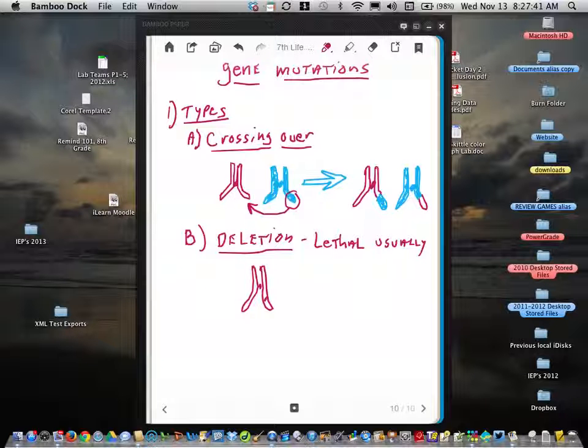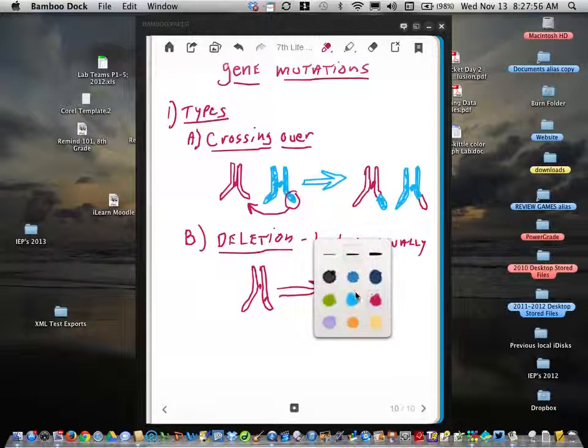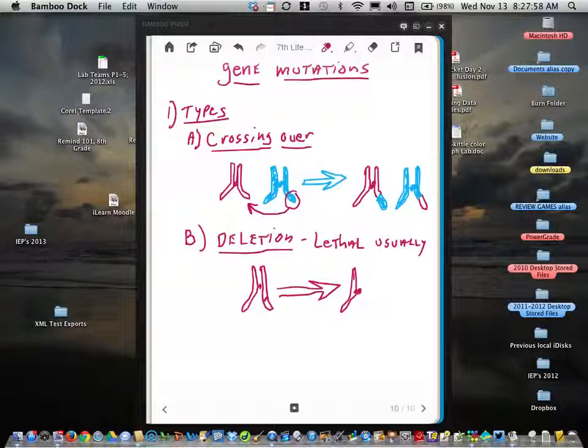So missing information is usually something that is deadly. Here we have this chromosome that is missing a chunk. That has broken off and is no longer attached to the chromosome.